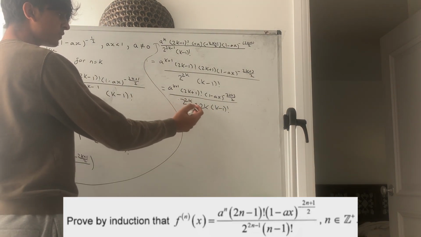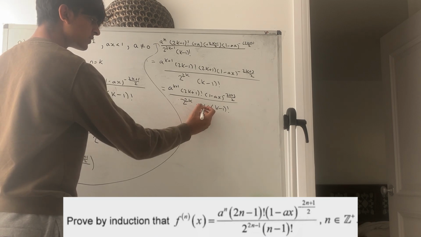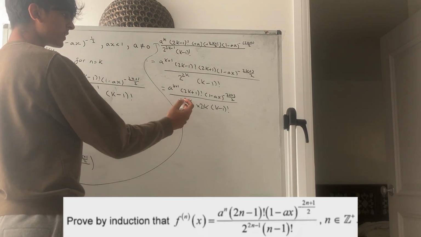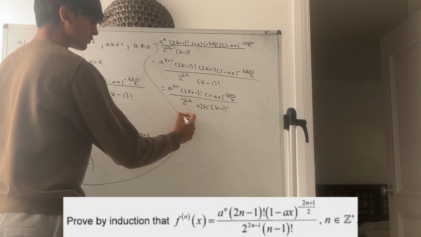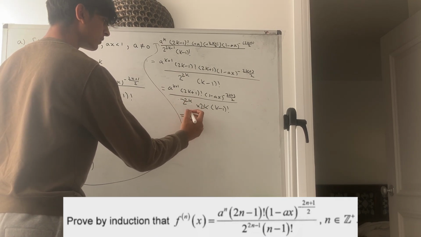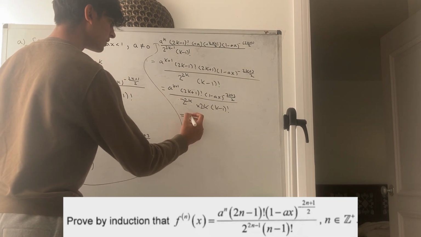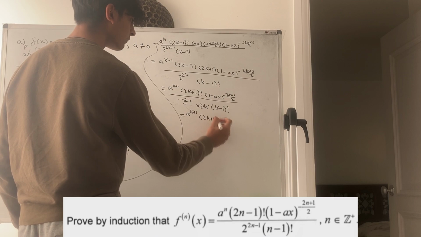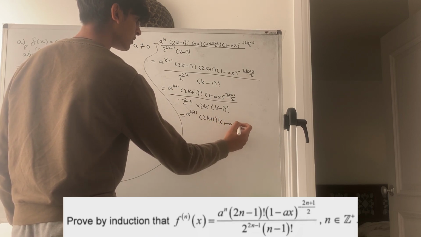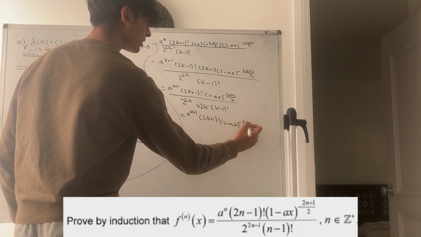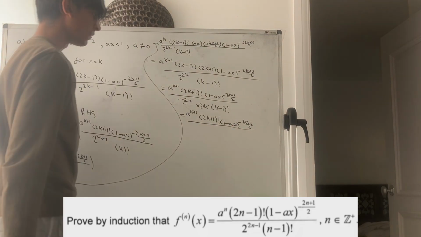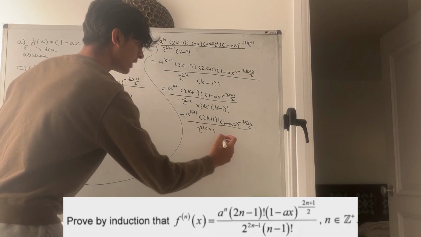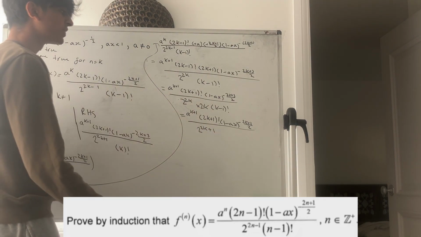And now 2 to the 2k times 2k is again 2 to the 2k times 2 times k minus 1 factorial. 2 to the 2k times 2 is 2 to the 2k plus 1. So that's equal to a to the k plus 1. So I'm just rewriting the top half. 2k plus 1 factorial, 1 minus ax to the minus 2k plus 3 over 2, all over 2 to the 2k plus 1. And then we have k times k minus 1 factorial, which is simply k factorial.